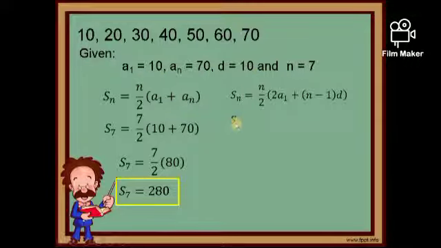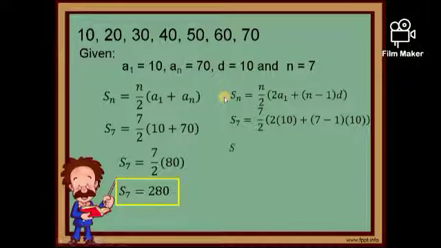We have S sub 7, n becomes 7, 7 over 2, 2 times 10 because a sub 1 is 10, plus n minus 1, n becomes 7, times 10 because our common difference is 10.